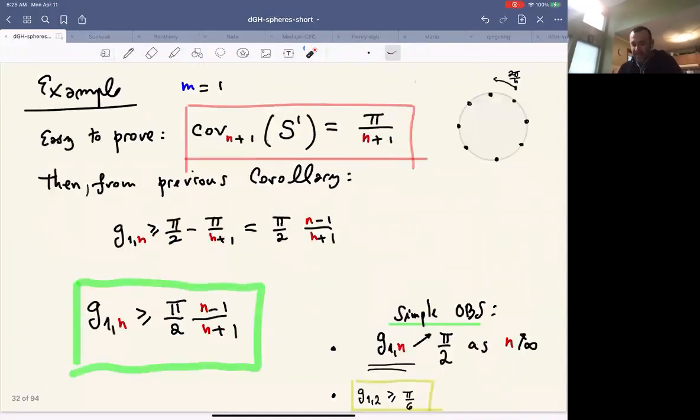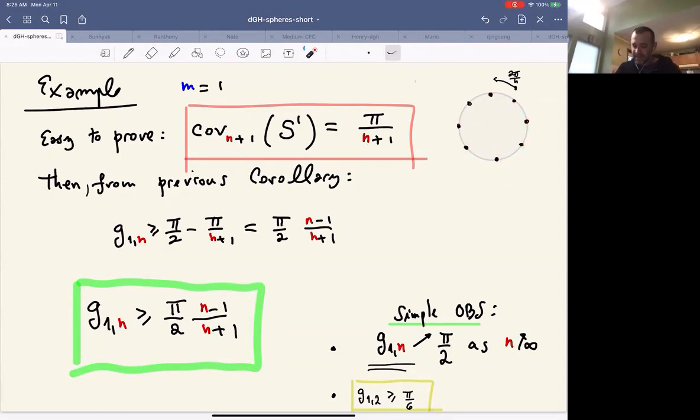Then if we apply that lower bound to the case when m is 1, we obtain something more precise. It's not difficult to prove that the optimal way to cover the circle S^1 by a given number, say n+1, of points, consists of placing them as vertices of a regular polygon.